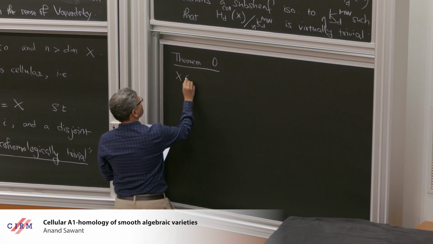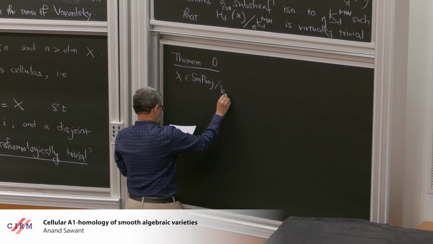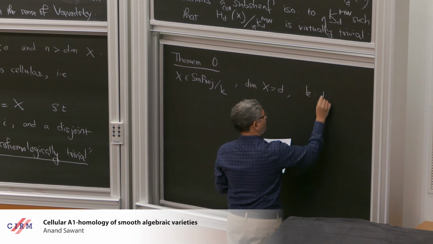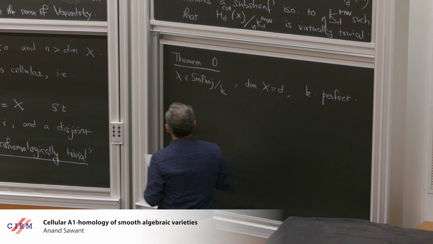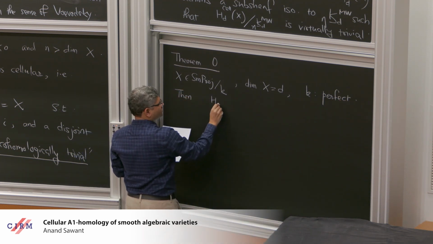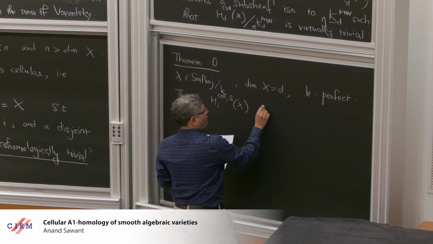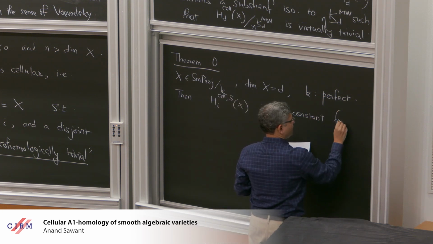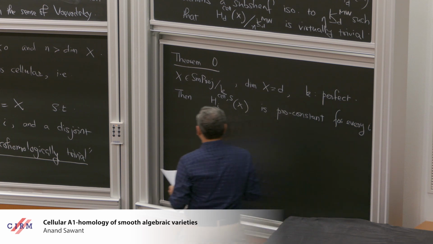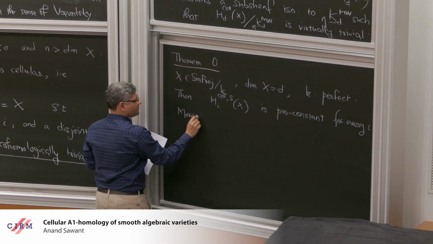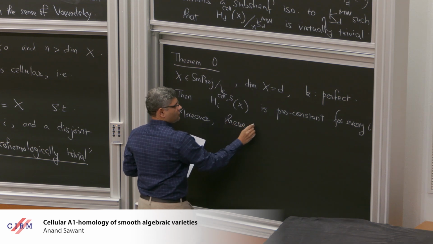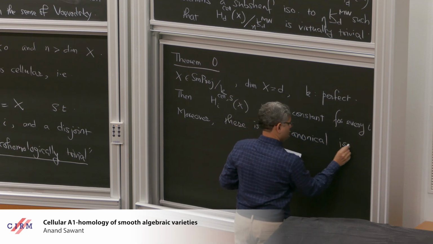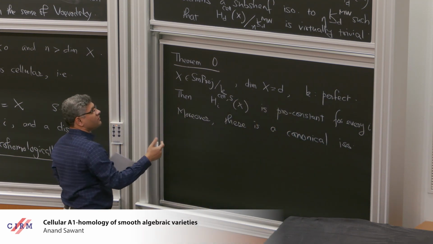So if X is smooth projective over K of dimension D and K is perfect, then all the cellular Suslin homology groups are pro-constant for every I. And moreover, there is a canonical isomorphism from the top degree cellular Suslin homology to Milnor-Witt K theory modulo eta, which is Milnor K theory.